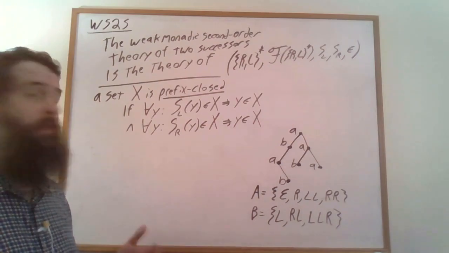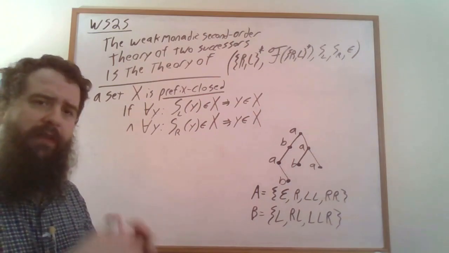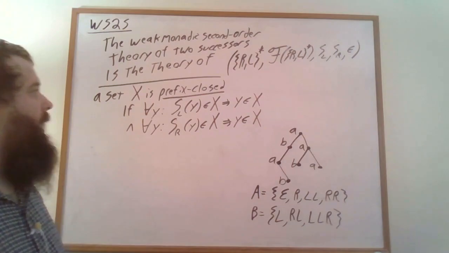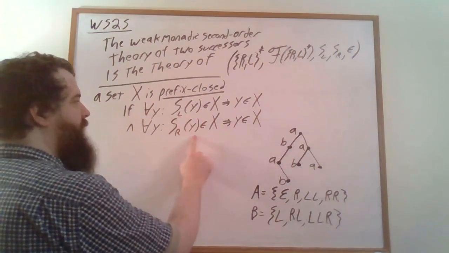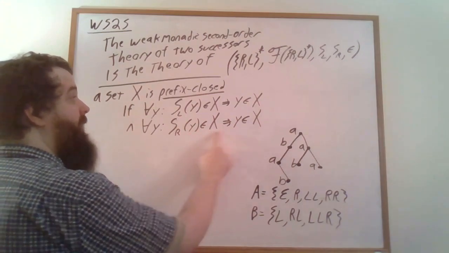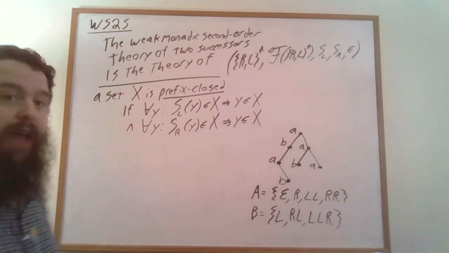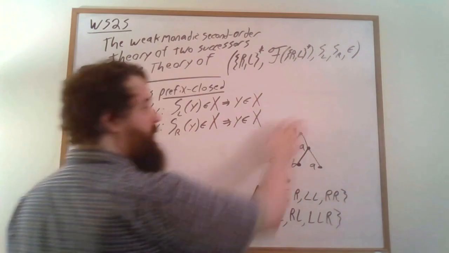Another way of looking at the prefix closed sets, if we think about this in terms of positions in trees, these are going to be sets where if we have a left child or a right child of a node in the set, then its parent also has to be in the set. And so what that means is that the set looks like a tree, right?